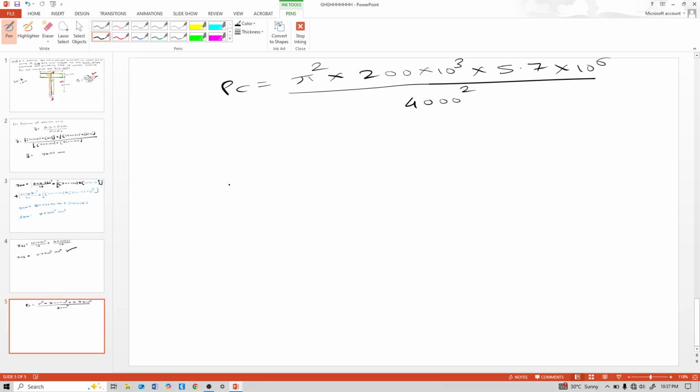Remember this square. So this buckling load is pi squared into 200 into 10 raised to 3 into 5.7 into 10 raised to 6, divided by 4000 squared. It is 703,209.31.